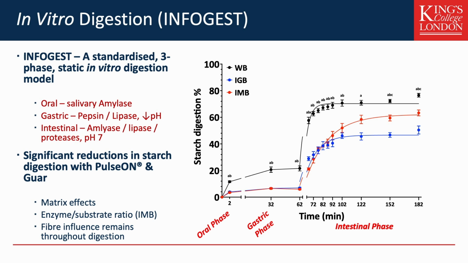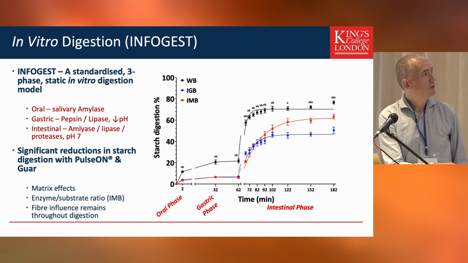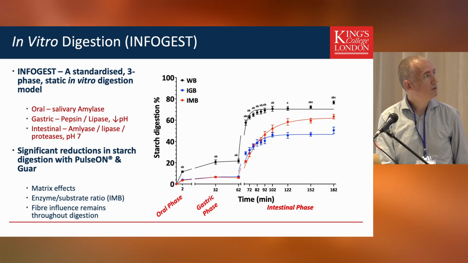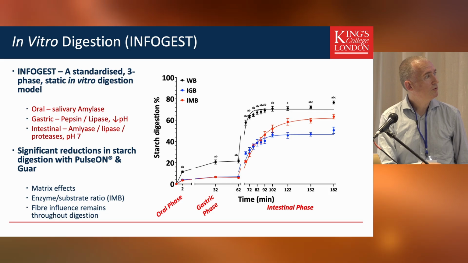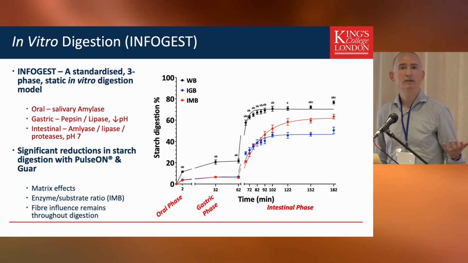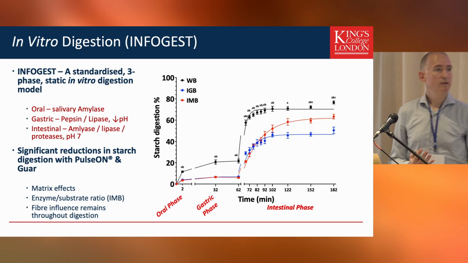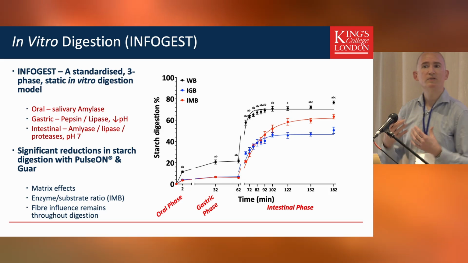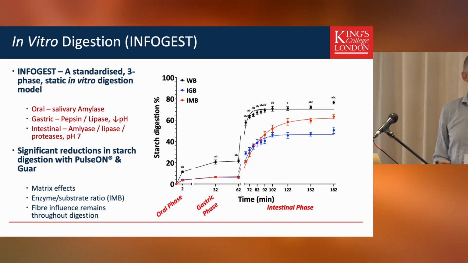And you can see, again, there is a significant difference between the wheat bread control and those that contain the pulse and guar. Early on, we can see a difference in the stomach and the oral phase, and this comes down to the macrostructure of the bread.